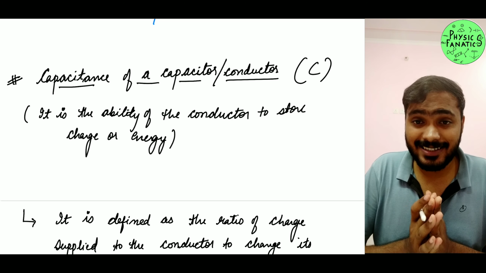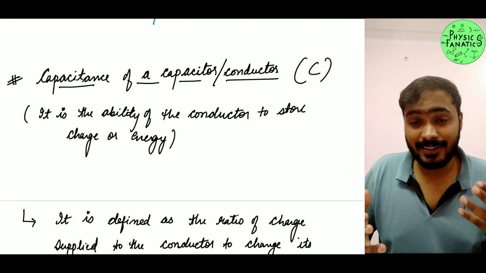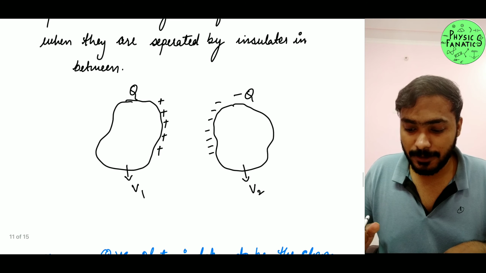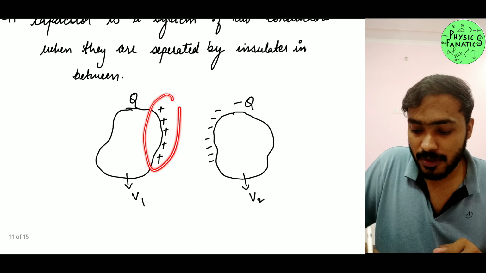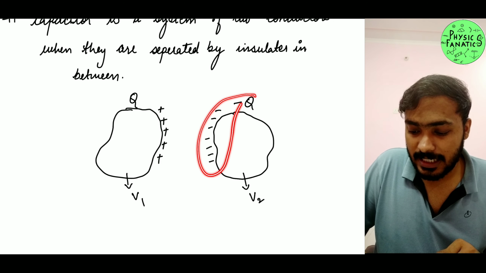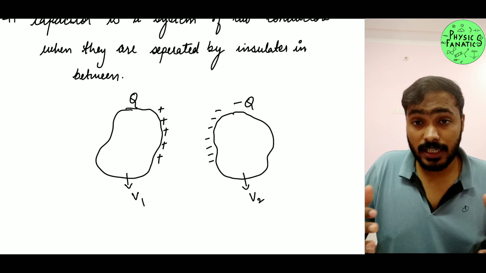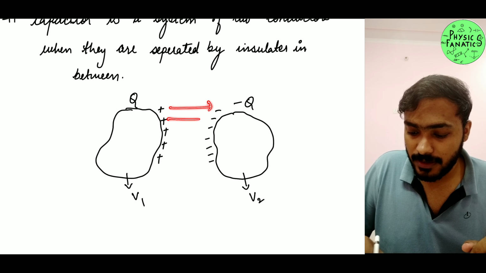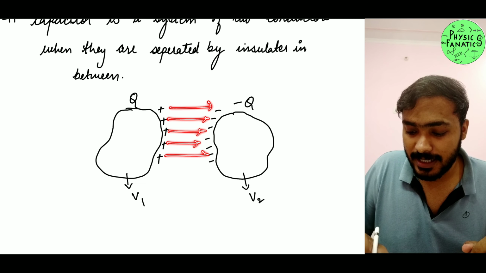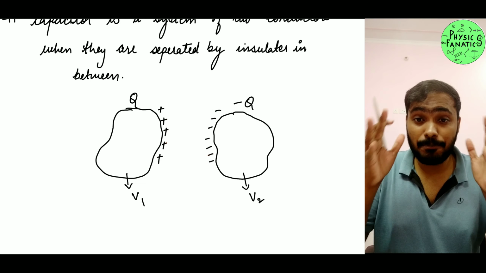Now when I say energy, how are they storing the energy? Let's go back to this picture here. Obviously this plate is positively charged, this plate is negatively charged. Because of this positive negative distribution, there will be an electric field. This electric field is actually bounded.